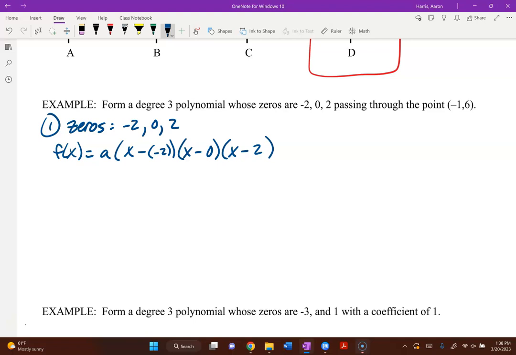Well, the only other information we're given is a point. Well, what could we do at that point to help us solve for a? That's our xy, exactly. Similar to with those quadratics, right? So that's my x and my y. Y is f of x. So that's our 6. X is negative 1.